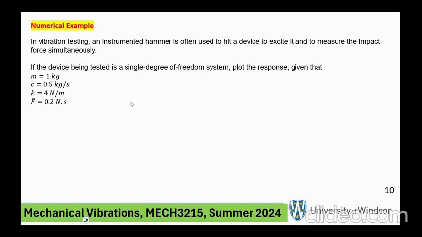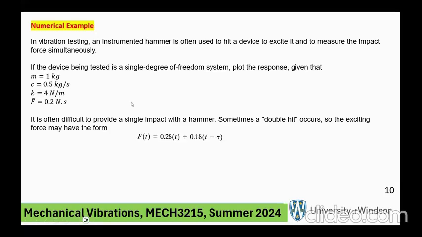Now, it also happens that when you do these experiments, sometimes either on purpose or inadvertently, a second hit is recorded or actually implemented. This is called a double hit.